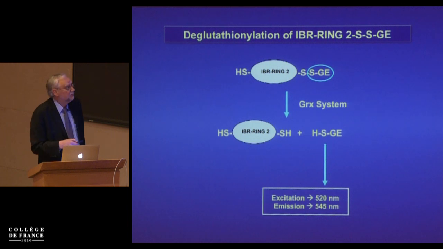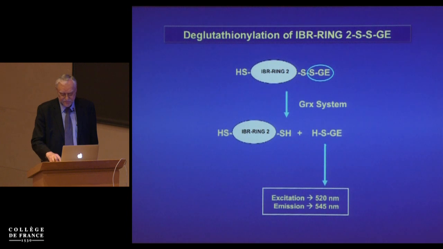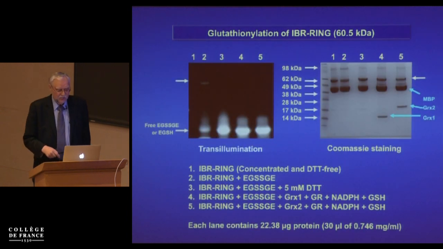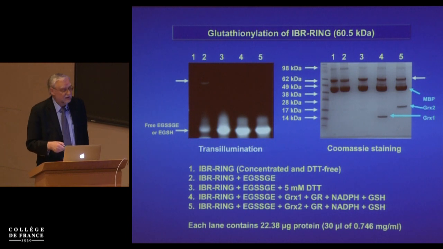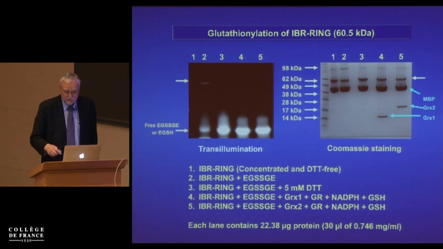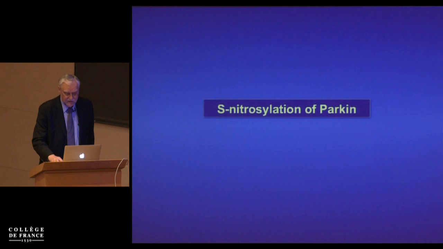And that's very good, because then we can look at the release of this by fluorescence. This is a very complicated slide, but again, we can follow this also by UV light, and we can see how we go from a molecule and we can deglutathionylate this by glutaredoxin and so on. And this is work in progress.